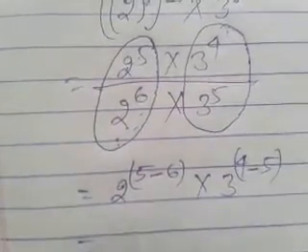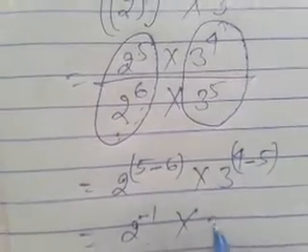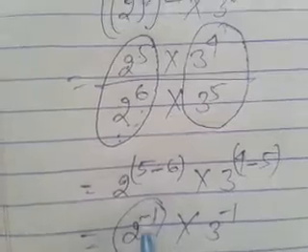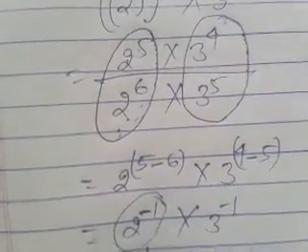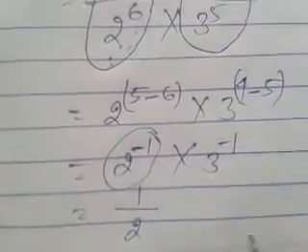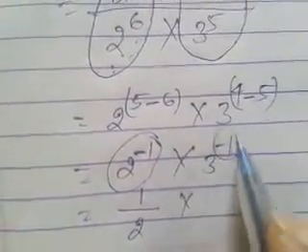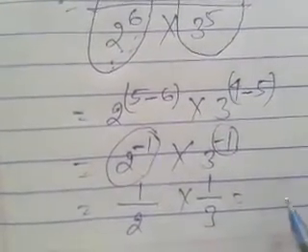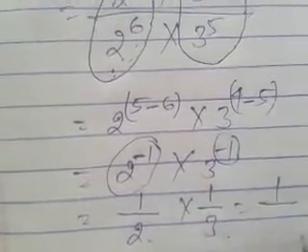and after solving we will get 2 raised to the power minus 1 multiply with 3 raised to the power minus 1, and this is again we can write, if the power is in negative, so we can write 1 upon 2. Here also power is negative, so you can write 1 upon 3, and after solving we will get 1 upon 2 times 3 is 6.